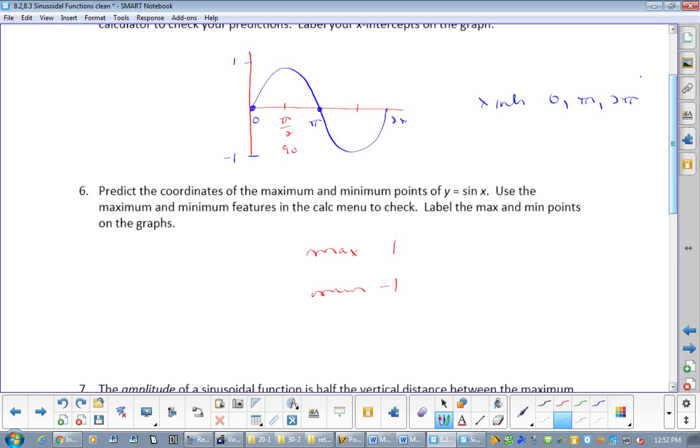What's this one? 270, which is 3 pi over 2. So the actual maxes and mins are pi over 2, comma 1, and 3 pi over 2, comma -1, because that's the x and the y coordinate, right? And this is what we call our min, and this is our max.